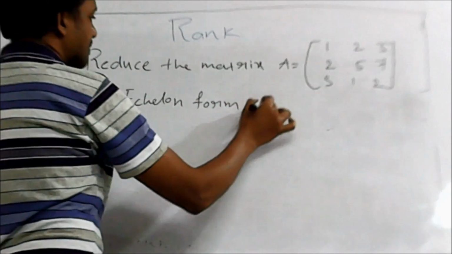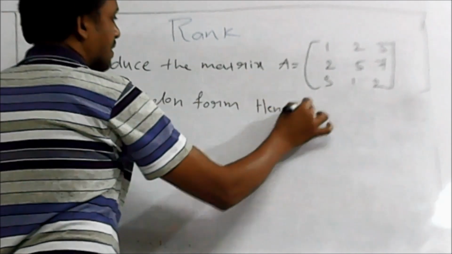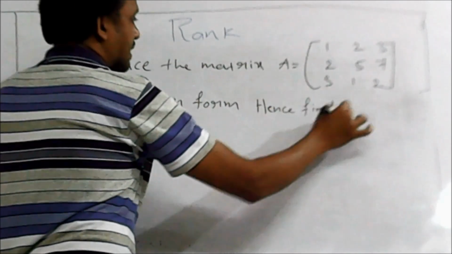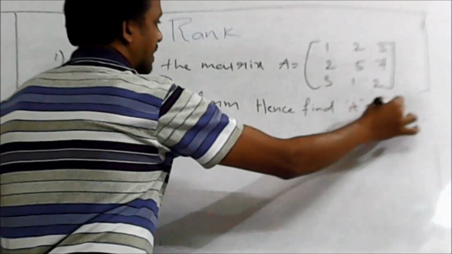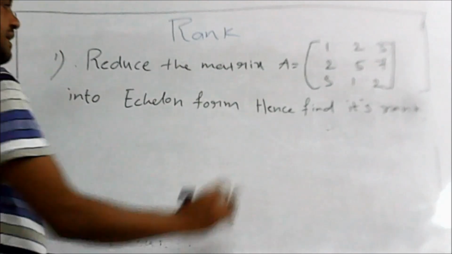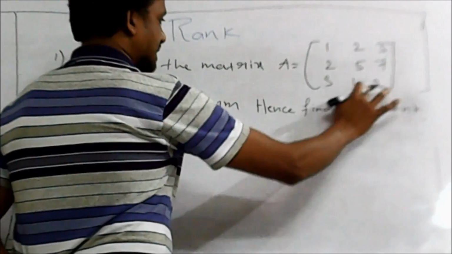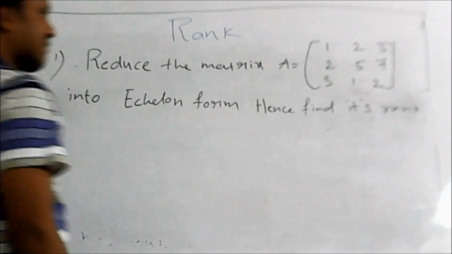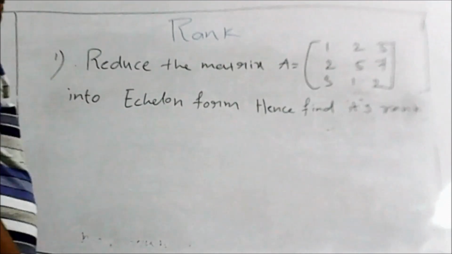Hence find its rank. For better understanding, I am explaining 3 cross 3. Generally, in examination, they ask about 4 cross 4 or 5 cross 5. Okay, we will do it one by one.